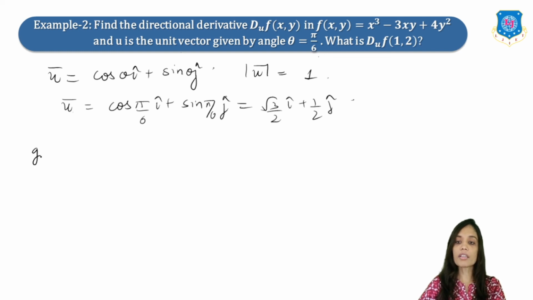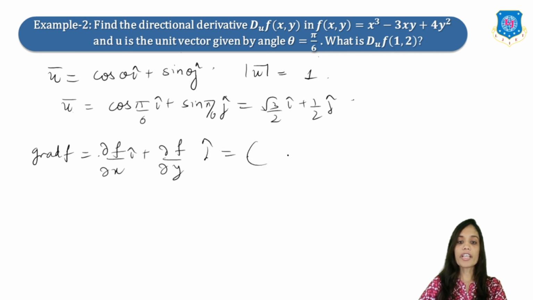Now let us find the gradient of f. It will be del f by del x i cap plus del f by del y j cap. So now find the partial derivatives with respect to x and y. Right? So if I do with respect to x, it will be 3x square minus 3y.